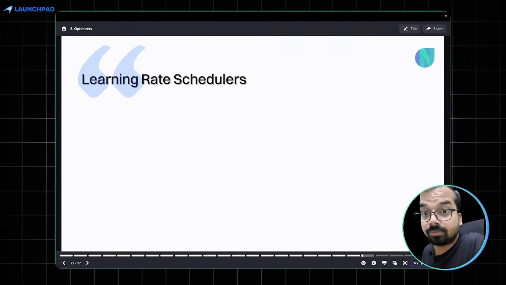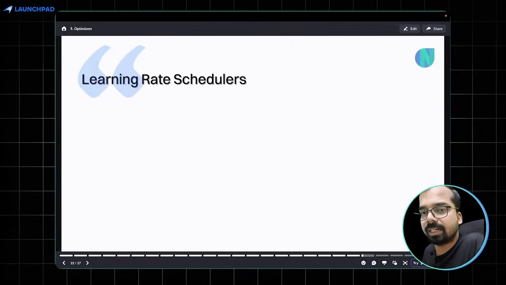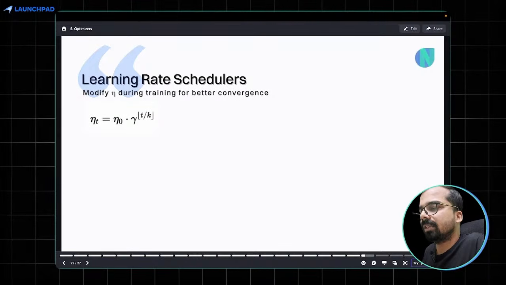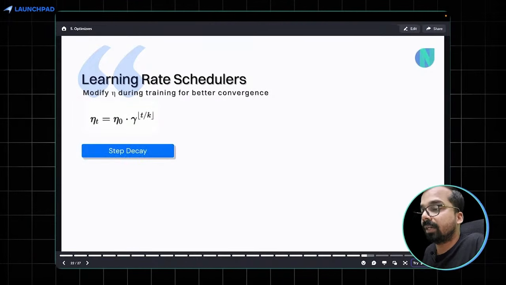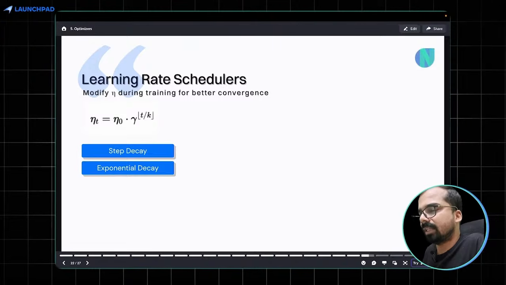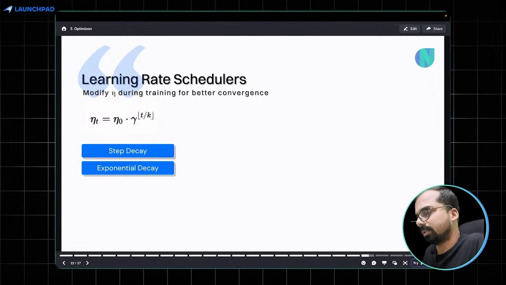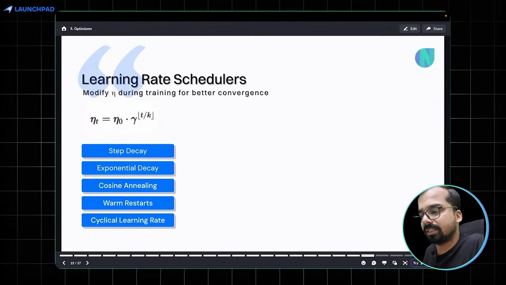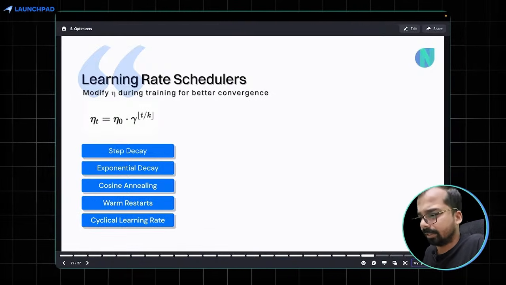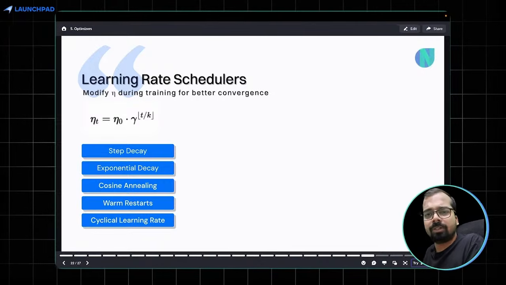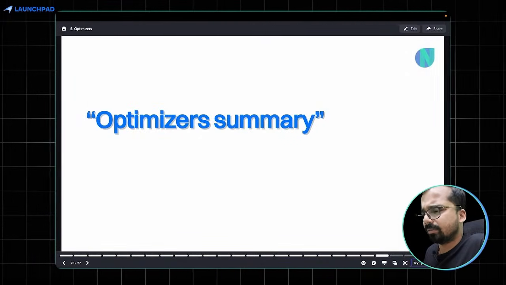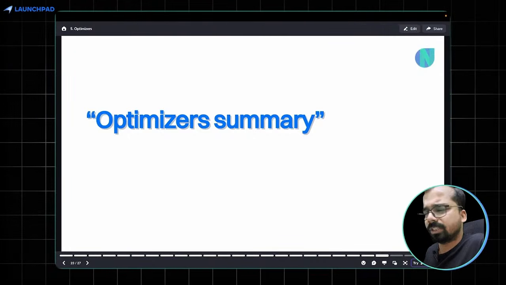There are different types of schedulers available in standard Python packages, so you can modify the learning rate during training for better convergence. There are various types of decay rules: step decay, exponential decay, cosine annealing, warm restarts, cyclical learning rate. I'll not go into the depth of these. They are not such common concepts in interviews.